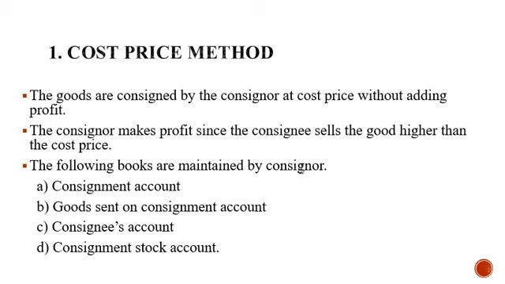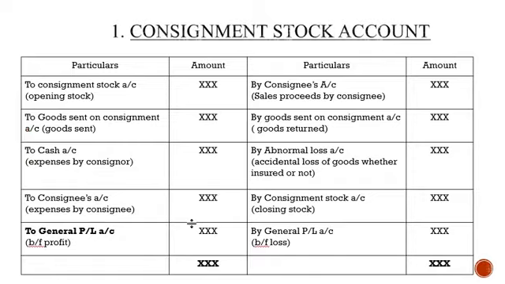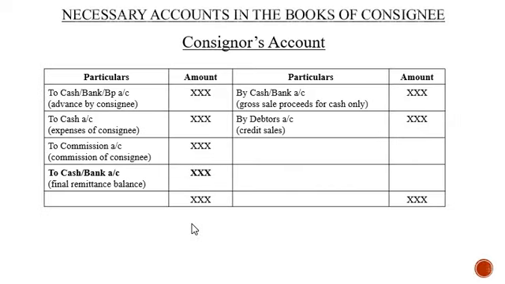So when the consignor is maintaining the books, he will open consignee's account. Similarly, when the consignee, that is the agent, is recording the books, then he will only prepare one account, that is the consignor's account.